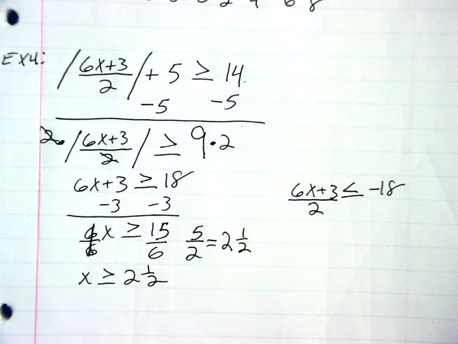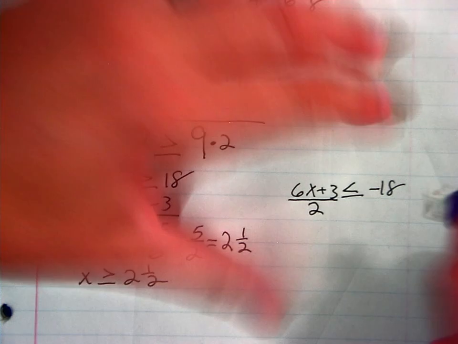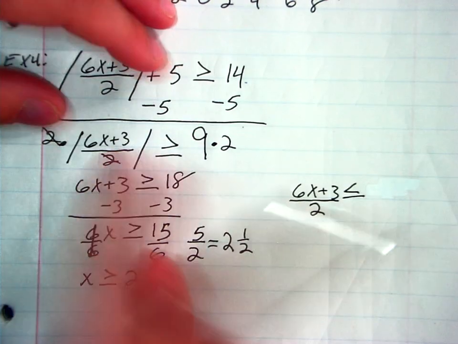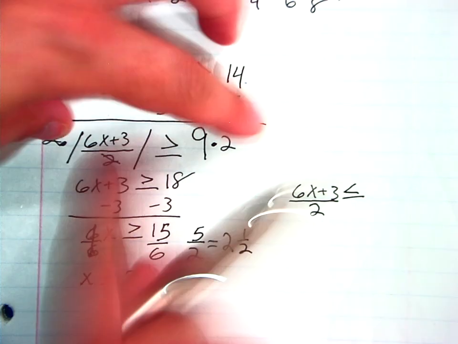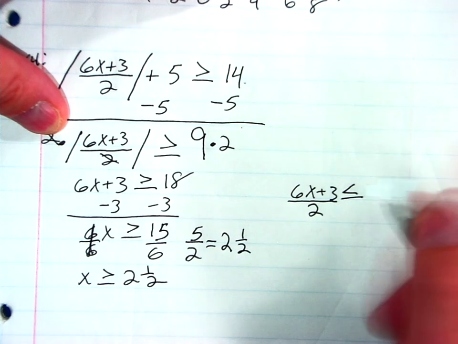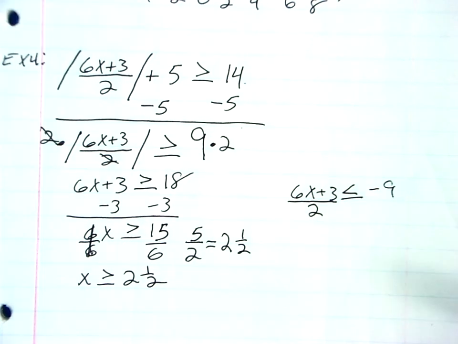All right, that shouldn't be 18. What should it be? Sorry about that, I had a brain cramp. We did it right here. This is where we isolated our absolute value. So that shouldn't have been 18. It should have been negative 9. I apologize for that.